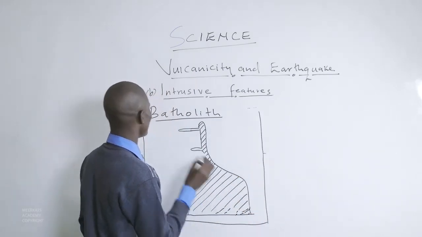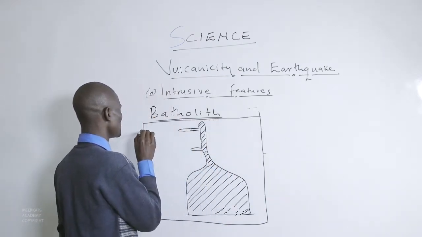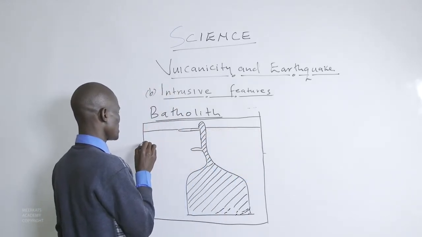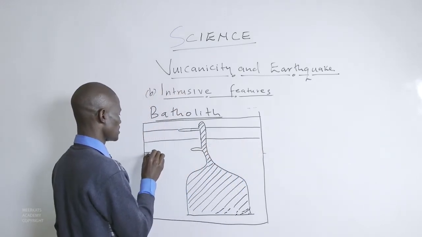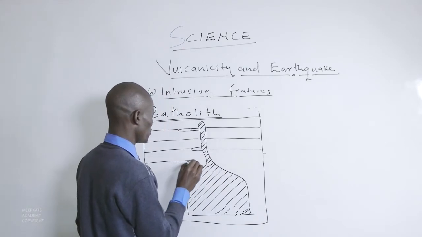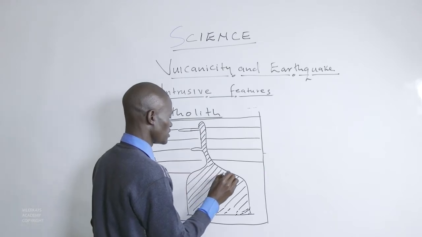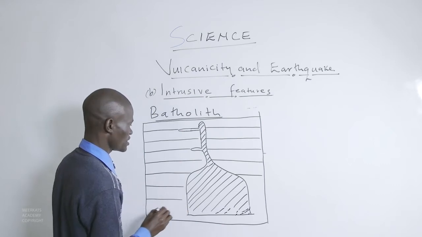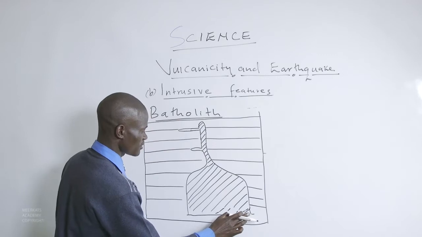And when it is formed, in the process of it being formed, you'll find that there are various layers of the earth crust that have been embedded. You remember the earth structure is made up of various layers within the crust, and these layers are just remaining within the earth crust.